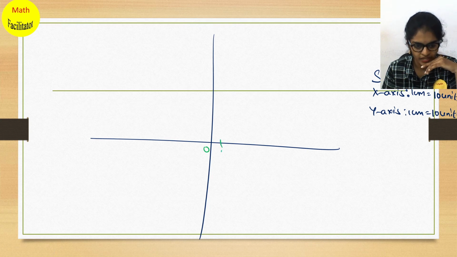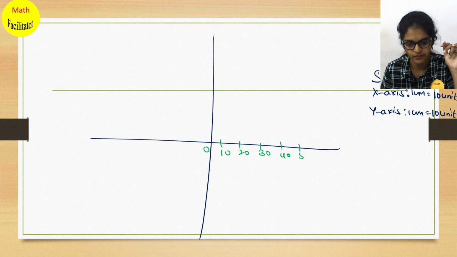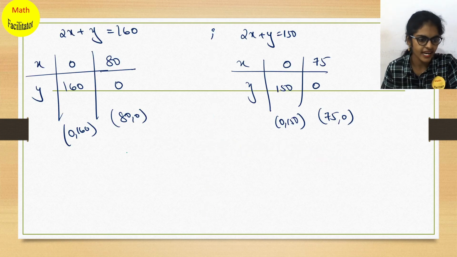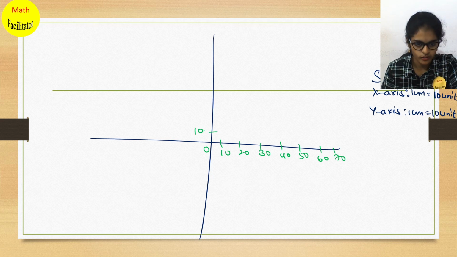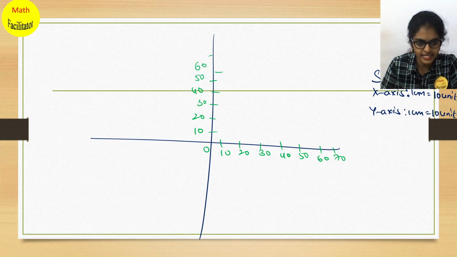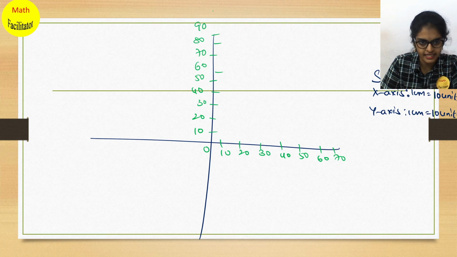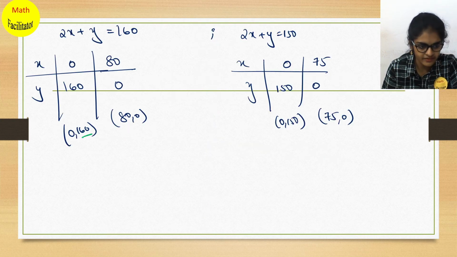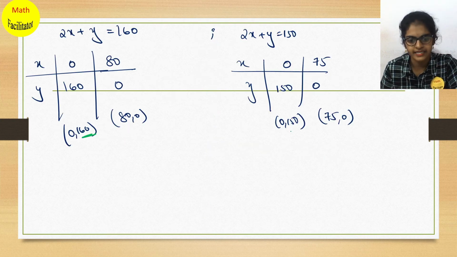So this is 0, 10, 20, 30, since I have taken 10 units on the x-axis and on the y-axis. Here also it is 10, 20, 30, 40, 50, 60, 70, 80, 90 and as you can see, we need till 160, until 150.